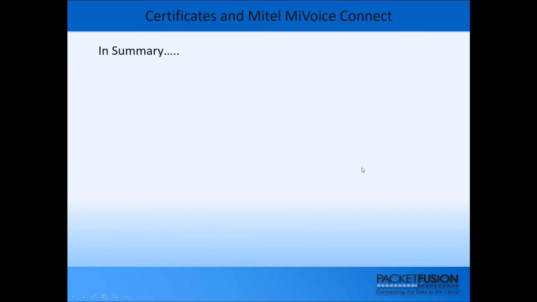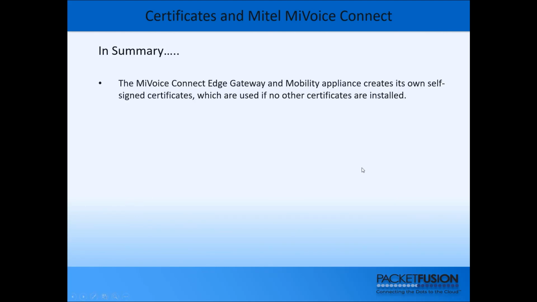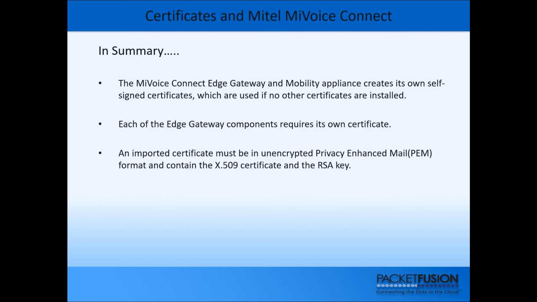So in summary, the MiVoice Connect Edge Gateway and Mobility Appliance creates its own self-signed certificates, which are used if no other SSL certificates are installed. Each of the Edge Gateway components requires its own certificate. An imported certificate must be in the unencrypted PEM format and contain the X.509 certificate and the RSA key.